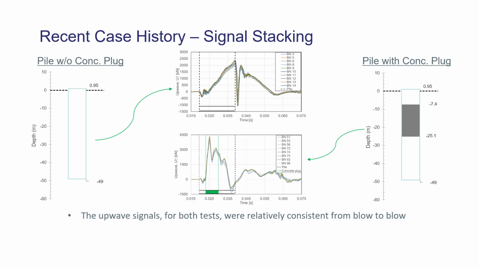That tells me whatever debonding was happening had happened by the time we started the test. What we've seen on other projects is that we'll see the peak drop off from blow to blow starting with the first blow. So that's telling me there's something happening. I think it's debonding, but I don't know for sure.